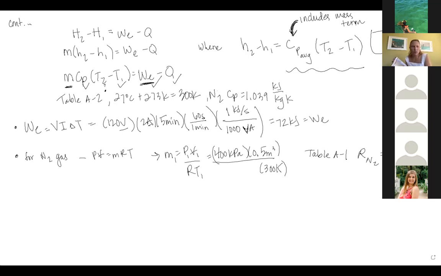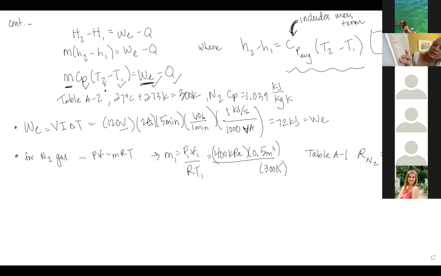What edition of the book do you have? Okay, I'm just at table A1, not A1E. That should still be fine because we're working in metric units. So if we go to table A1, and then we're looking at gas constant, and we're going to go all the way down to nitrogen down here.